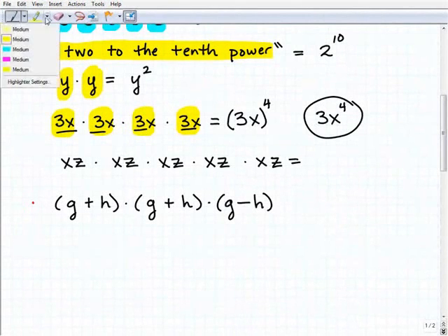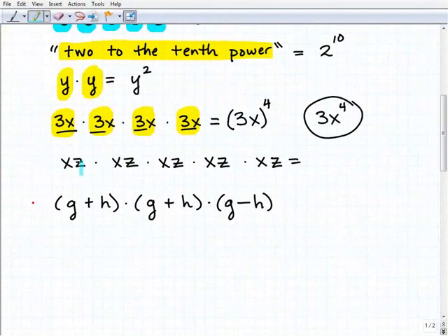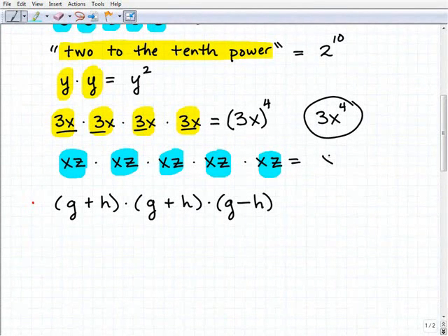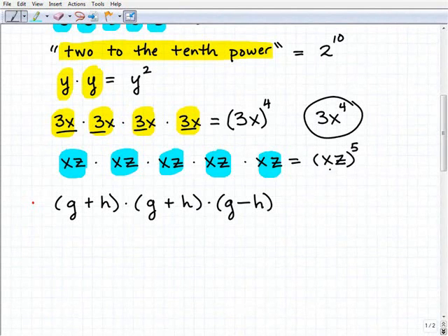Okay, next problem. We have xz, that's the way we would say that, being multiplied by itself 1, 2, 3, 4, 5 times. So in this case, (xz) to the 5th power. That's how we would write that. So we want to go ahead and use those parentheses.